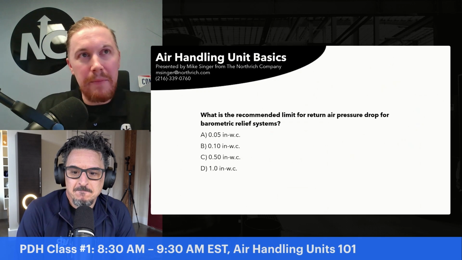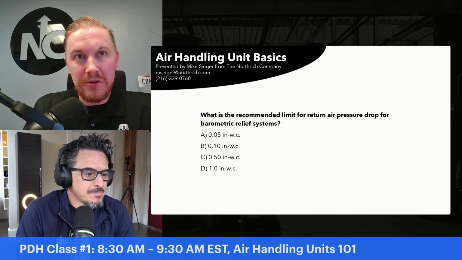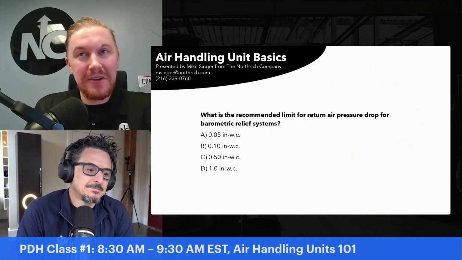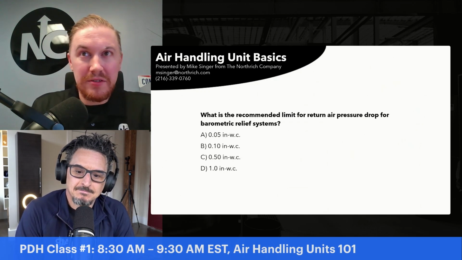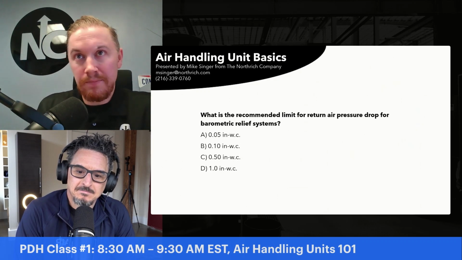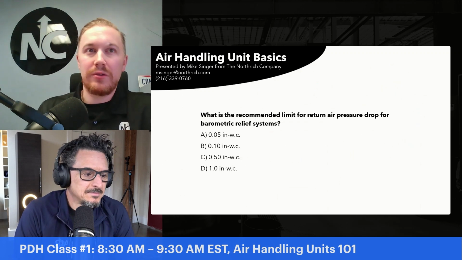Where do we limit that barometric relief economizer to? That answer, to avoid overpressurization of our space, is going to be B, 0.1 inches of water column. Nice. Good job, everybody.